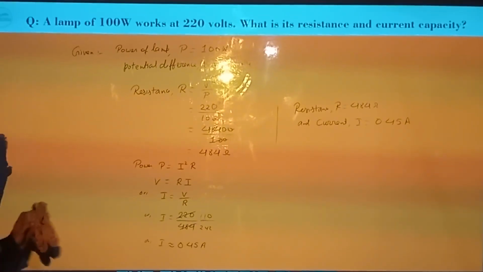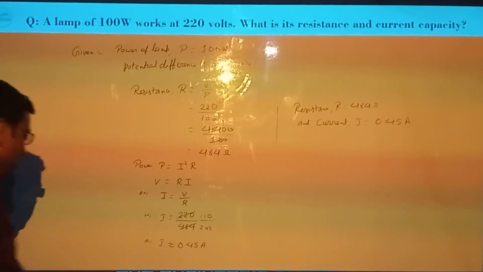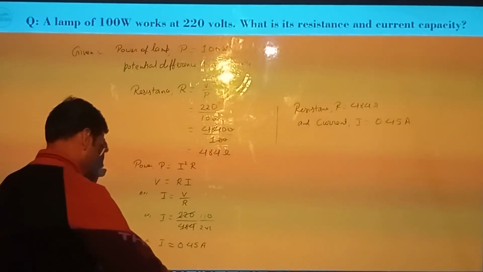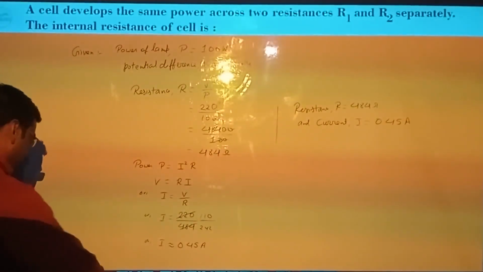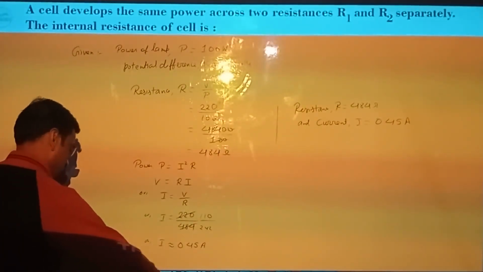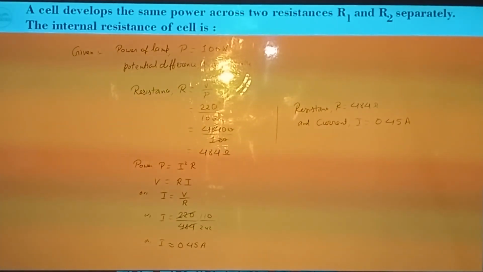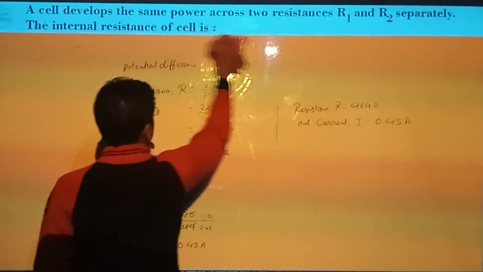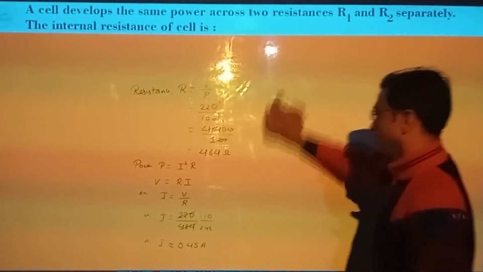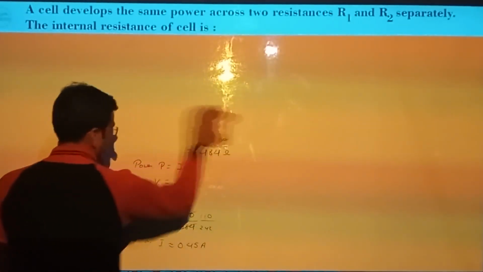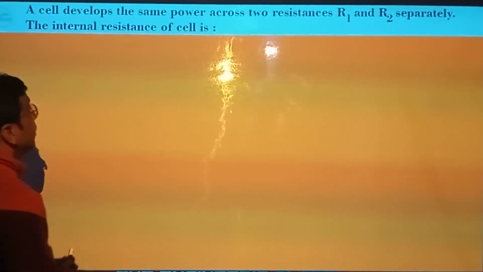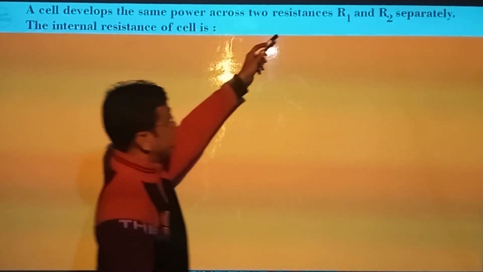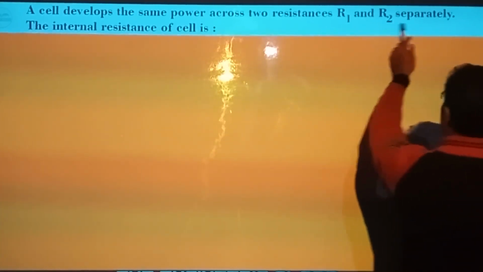Note it down, and now I am skipping to the next question on our screen: a cell develops the same power across two resistances R1 and R2 separately.